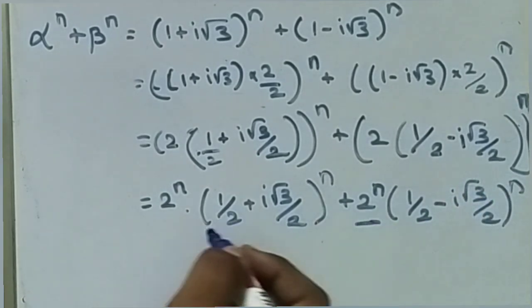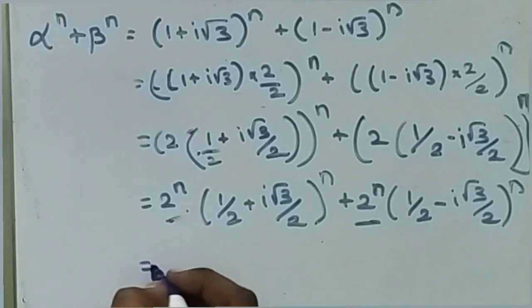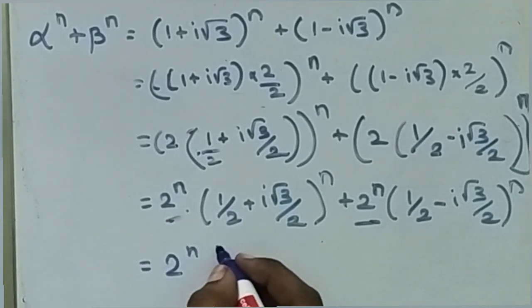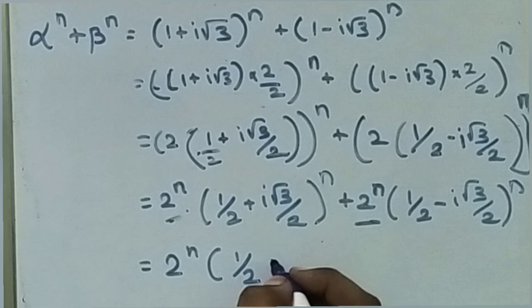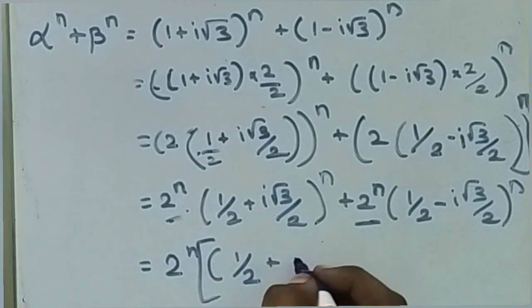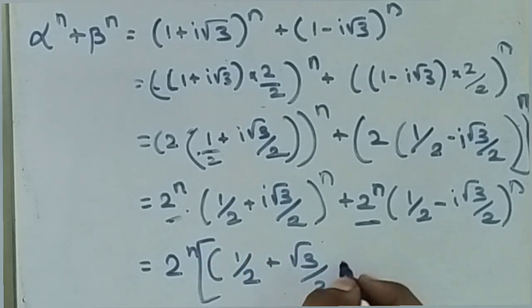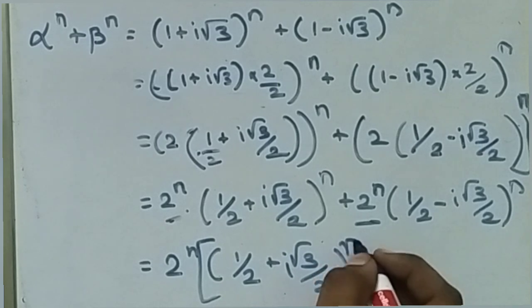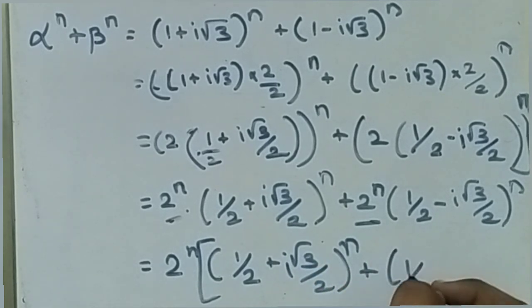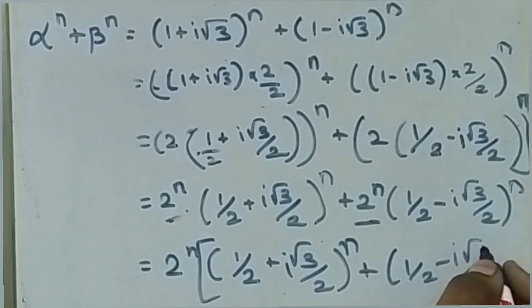In both the terms we have 2 power n common, so it will become 2 power n times [(1 by 2 plus i root 3 by 2) power n plus (1 by 2 minus i root 3 by 2) power n].